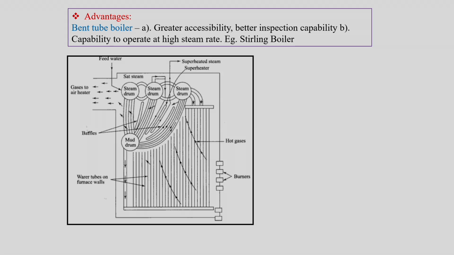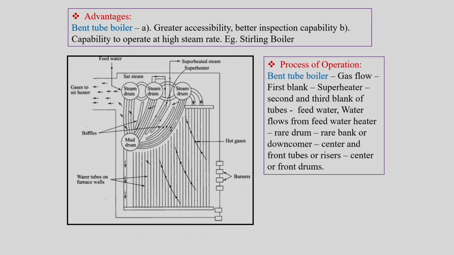So, the schematic of such a boiler would look like this, where the tubes connect to the different drums. This is a 3 drum Stirling boiler, where we have 1, 2 and 3 drums, and there is one more drum. This drum is called the mud drum, since it collects unnecessary precipitates from the water, and the tubes which connect the different drums are not straight, they are bent tubes.